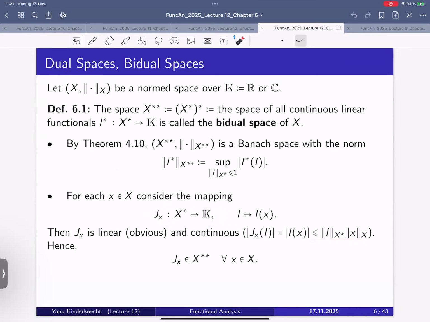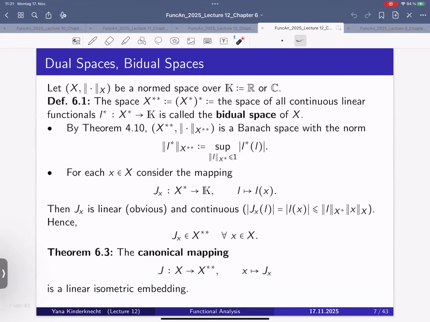And hence, since it is a linear and continuous functional from X star to K, this is an element of the bidual. So for any element x in X, I have created an element which belongs to its bidual, and it works as a point evaluation of a linear functional at the given point x. Everything is clear? Yes.